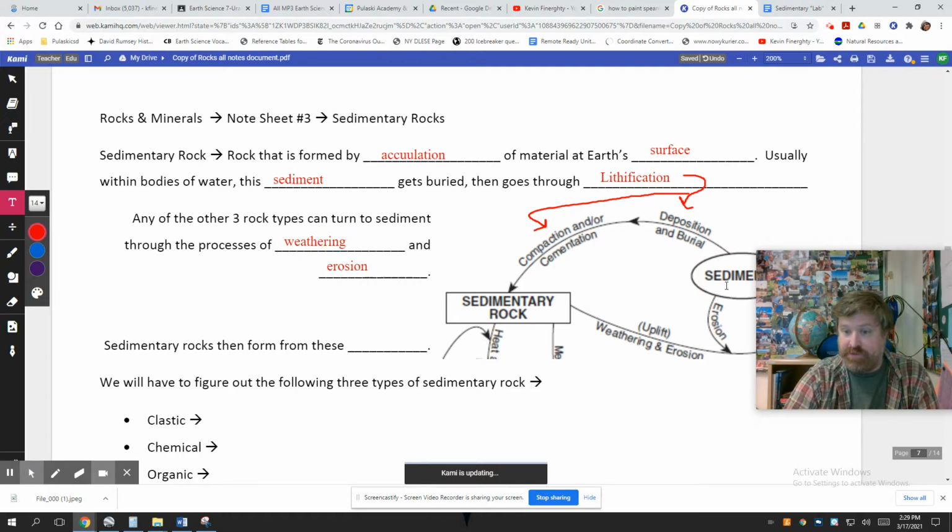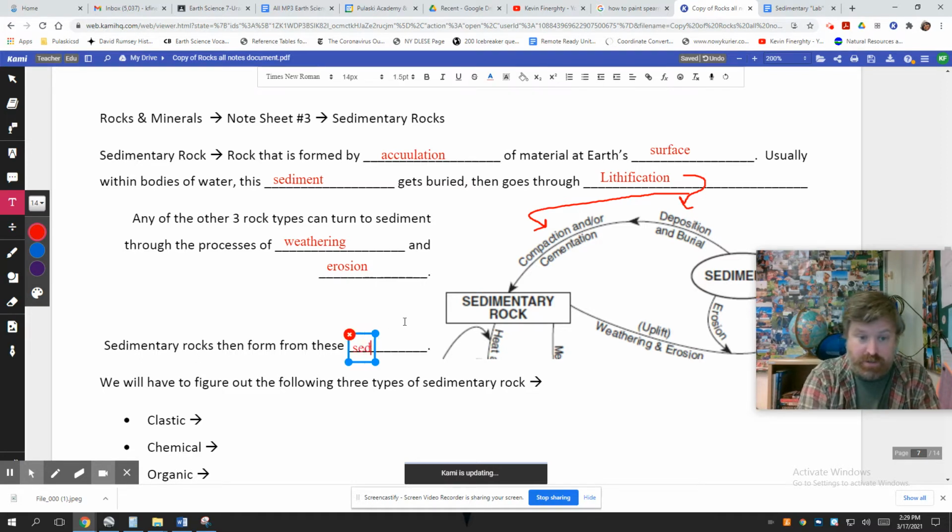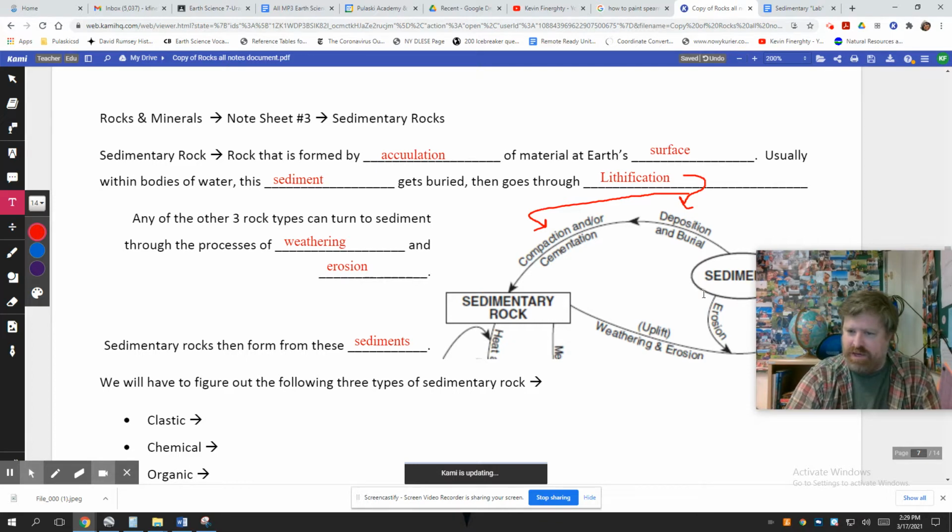Now those sediments that process creates can turn into sedimentary rock. Sedimentary rocks can form from these sediments. That's kind of wordy, but don't let it get more complicated than it needs to be. Take a pile of sediment, sand, put it under some pressure, it can turn into a sedimentary rock, which we're going to call sandstone. Easy peasy.